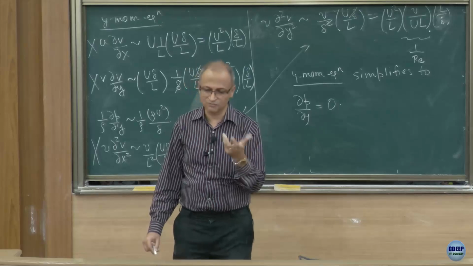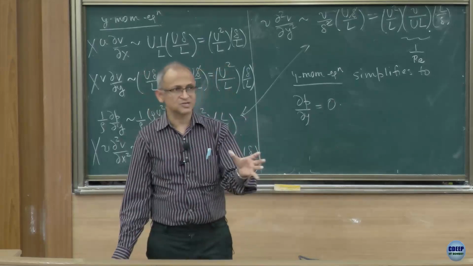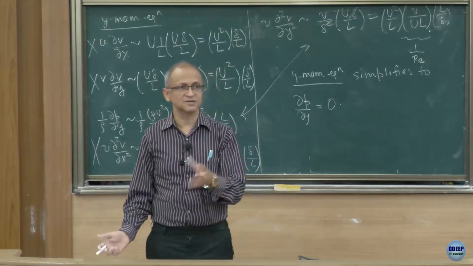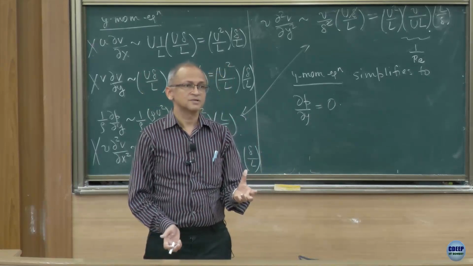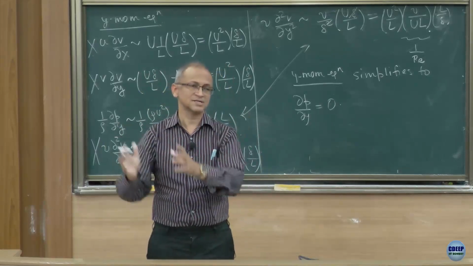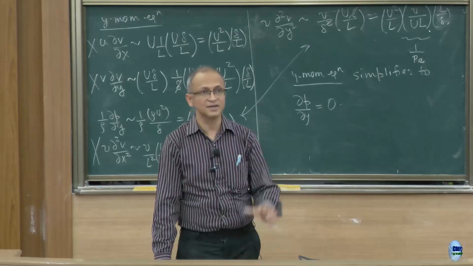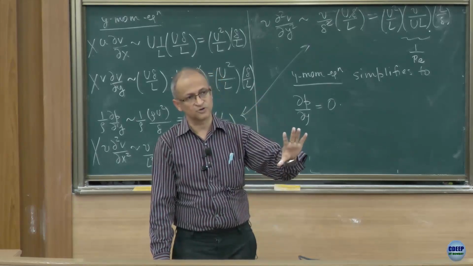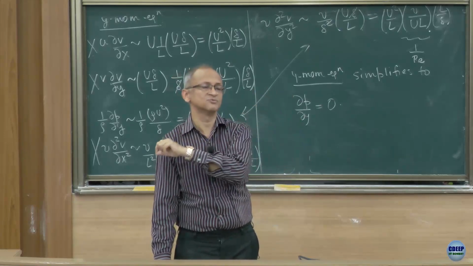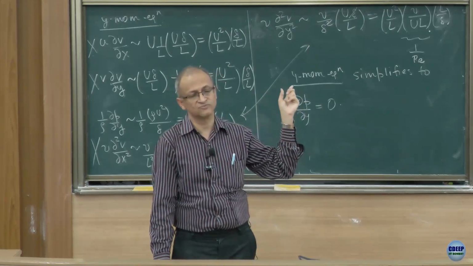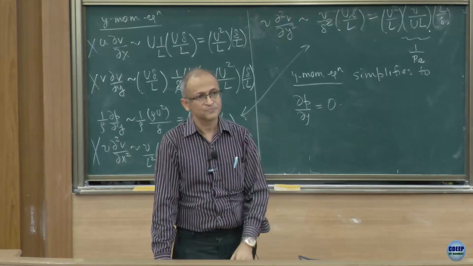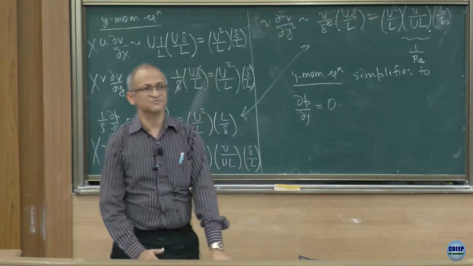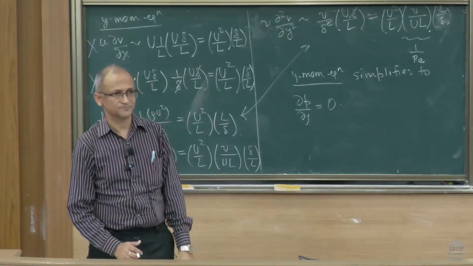If you remember your static pressure and stagnation pressure, the difference between them is half rho u squared. So the pressure difference tends to scale as half rho u squared, other than when your inertial terms are totally dropped off, and then we start scaling it with the viscous terms. That's what we did when we were looking at the creeping flow. Otherwise the pressure difference will scale as rho u squared.